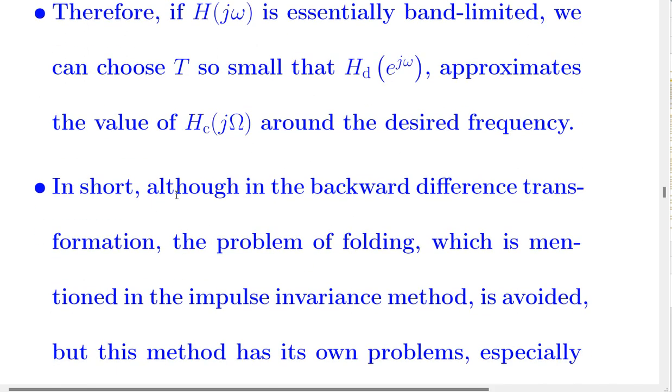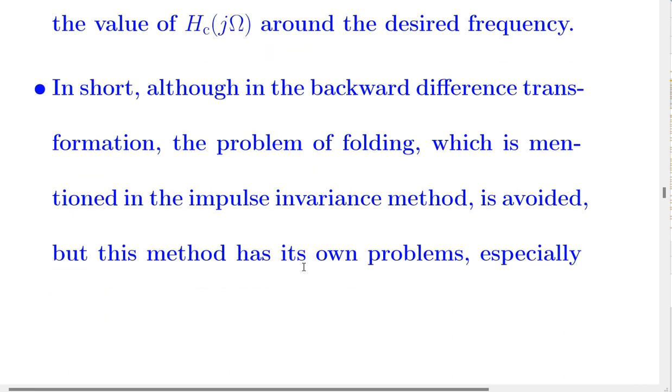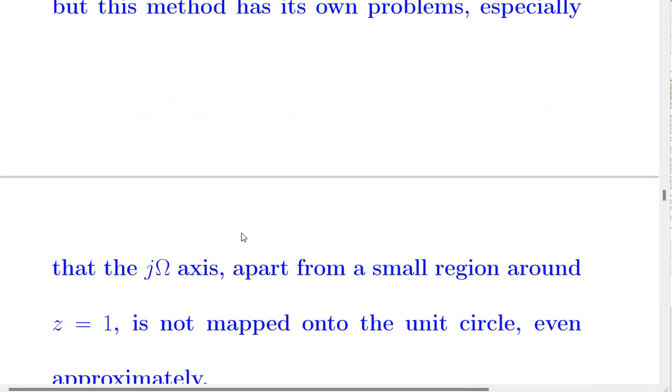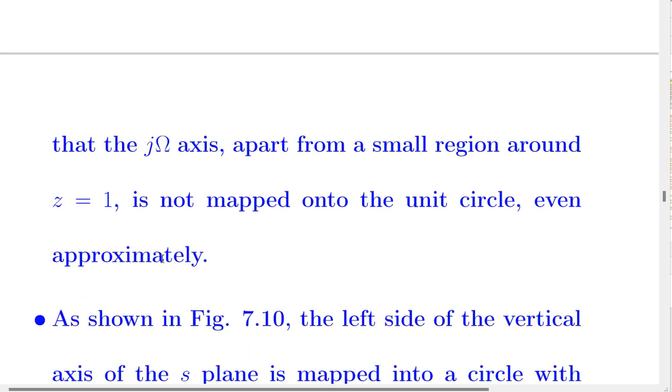In short, although in the backward difference transformation the problem of folding, which is mentioned in the impulse invariance method, is avoided, this method has its own problems, especially that the j omega axis, apart from a small region around z equal to 1, is not mapped onto the unit circle, even approximately.